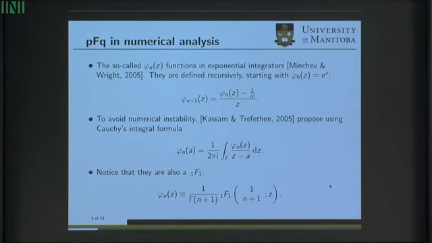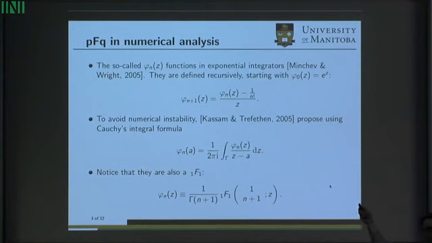Right, so where do they appear? A great place to start is with small p and q, so we'll start with 1F1. They appear in the so-called phi functions for exponential integrators. If you take phi naught as e to the z and then recursively peel off the smallest term in the Maclaurin series, you end up with these phi functions, and they're numerically unstable if you just write out the formula.